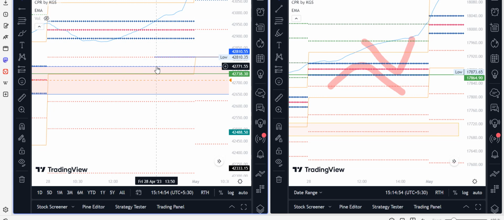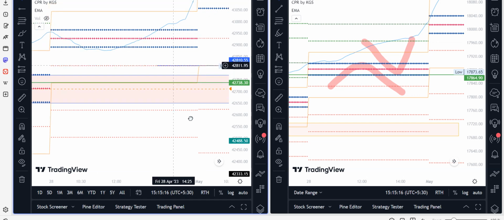This is a very crucial point. When the price closes below S1, in case the index is in an uptrend, then it is said that the index is moving from uptrend to downtrend. If you don't understand this, please repeat this 1 to 2 times.